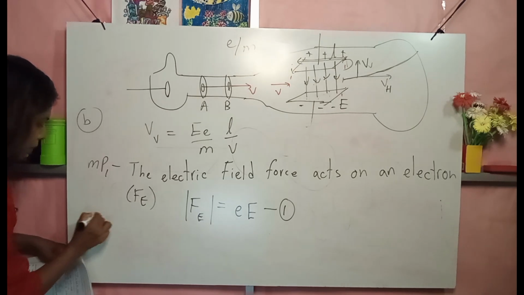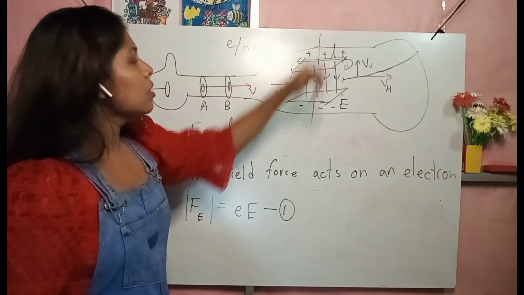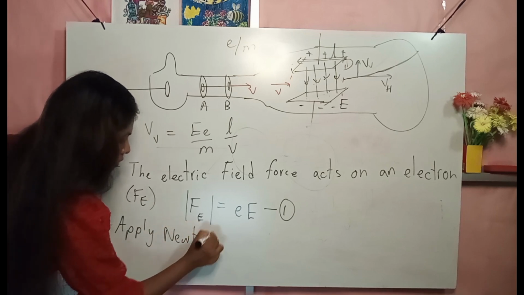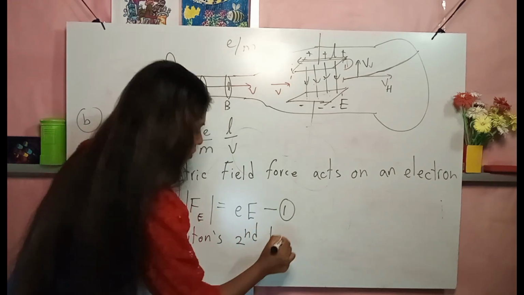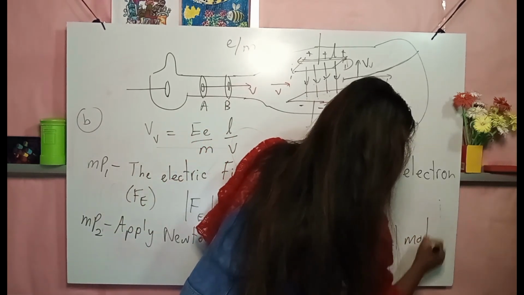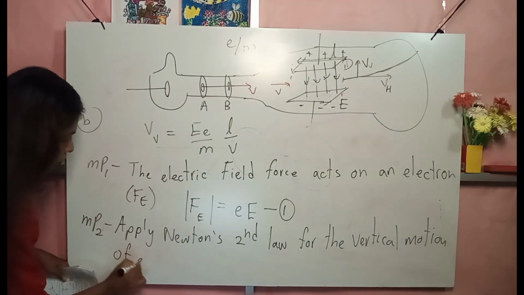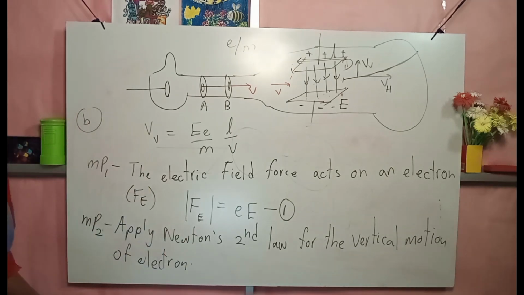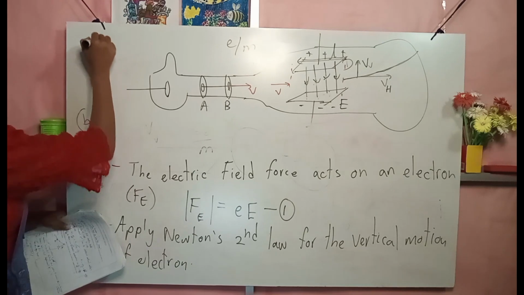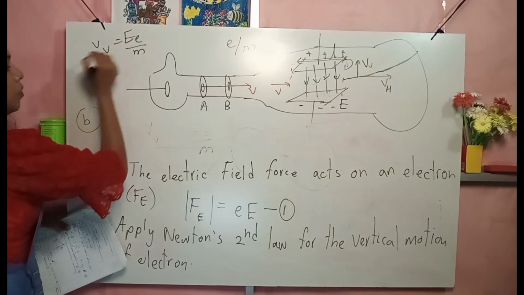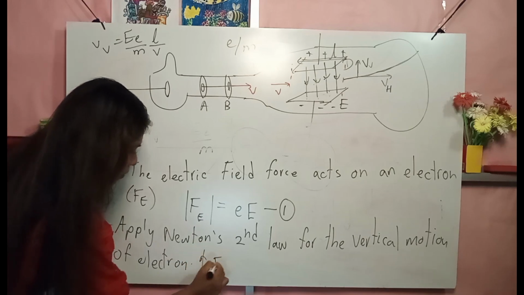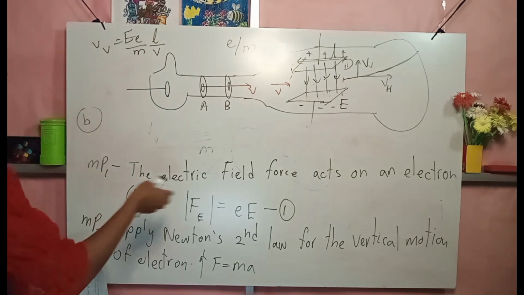Then we can apply Newton's second law for the vertical motion of the electron. Applying Newton's law, we apply F equals ma to the vertical direction.